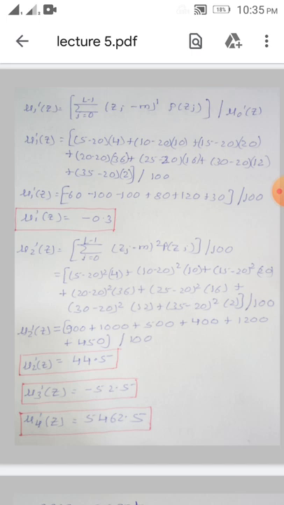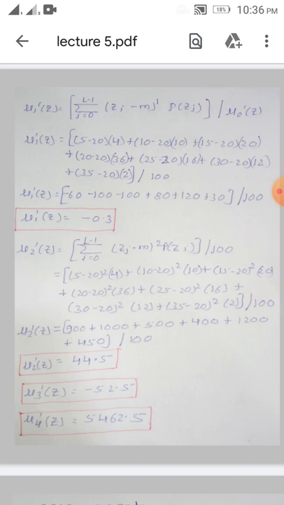So we are subtracting the M value from each value and multiplying that with P of Zi. So we are getting the first moment mu 1 dash of Z equal to minus 0.3.